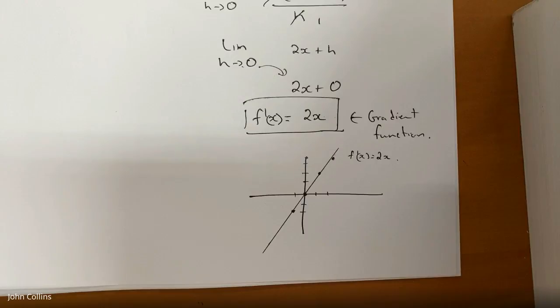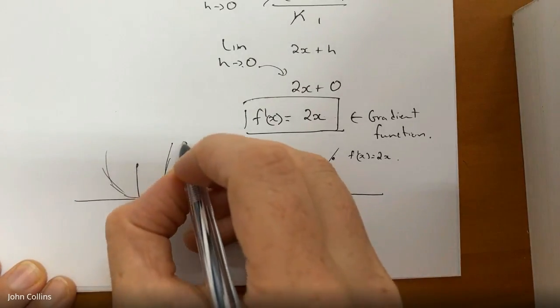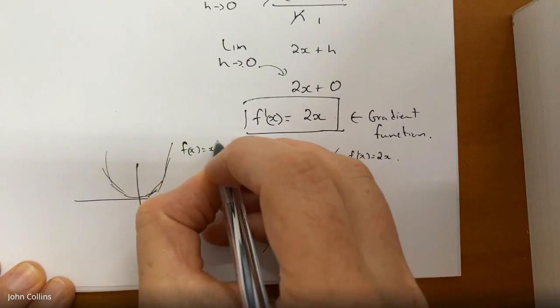What's that telling us? It gives you the gradient at whatever x value for your parabola. How do these two relate? This is my original function, f(x) equals x squared.